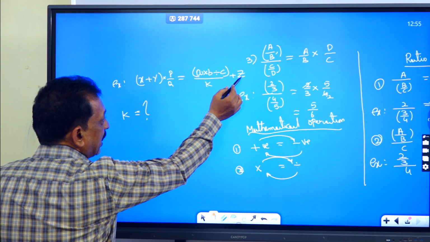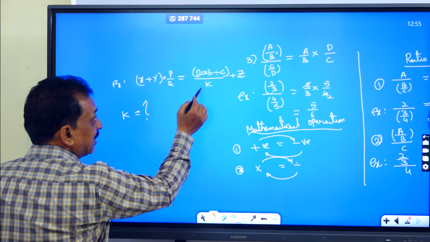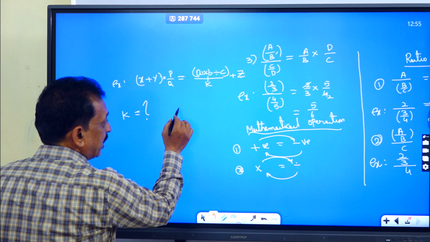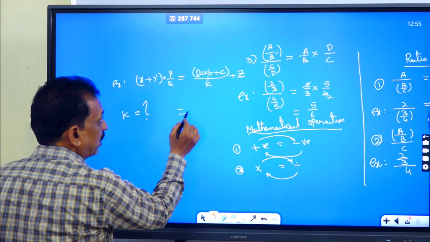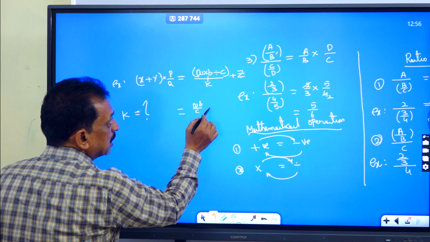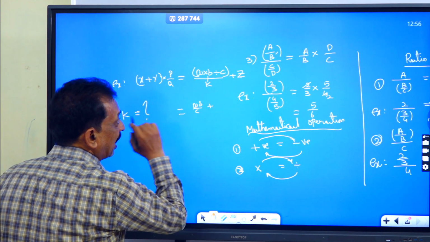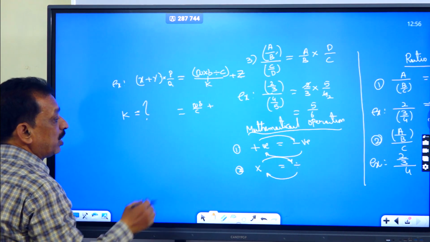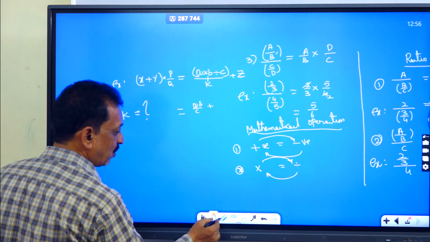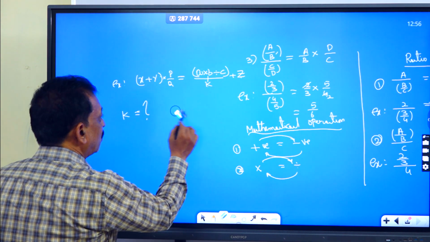So what you do, you take this to this side, otherwise take LCM first, because this is a ratio plus is there. First take LCM of this one, so ab by c plus, sorry, I want no need to take LCM, I want what? K. Very good. I want to take k only, so no need.